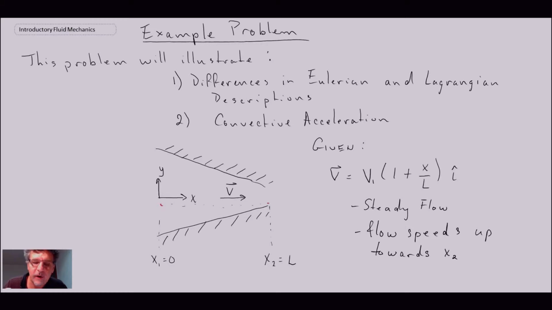Now, we're told to find two things. The first one is the acceleration in the x direction, the Eulerian ax.